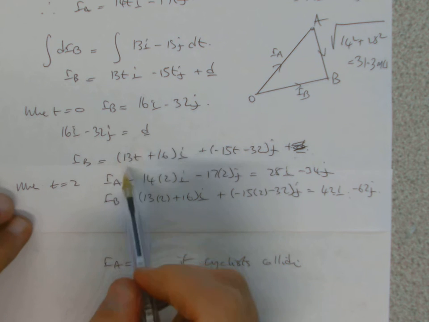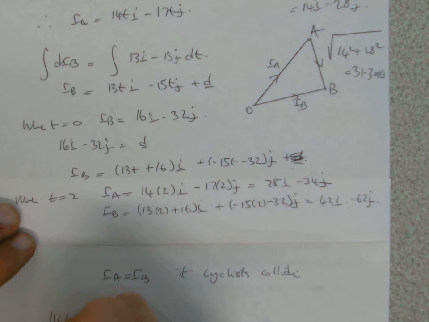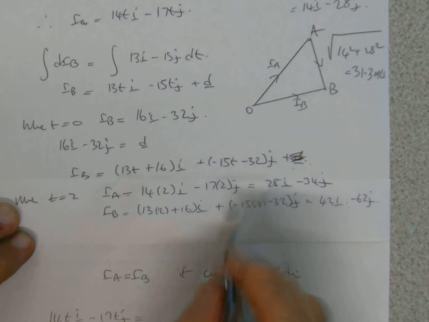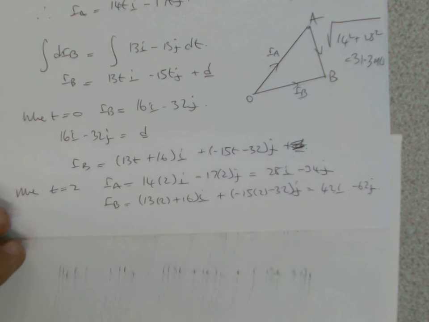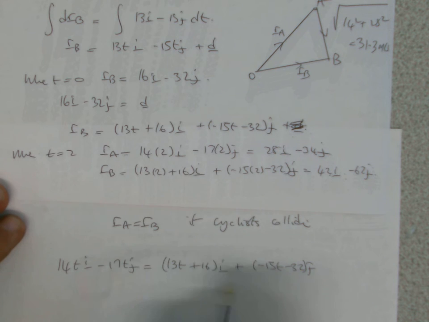In other words, that 14t will equal this here. So we put the i's together: 14t equals 13t plus 16, which implies t would equal 16.